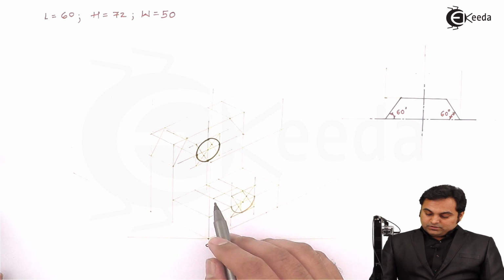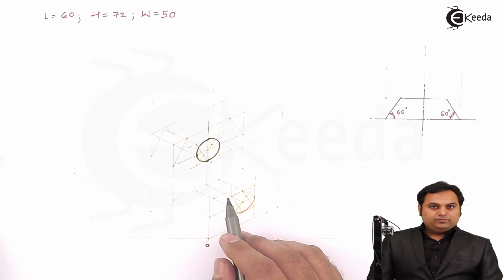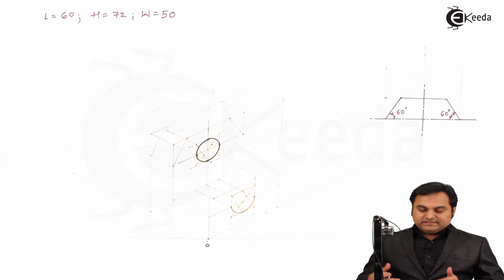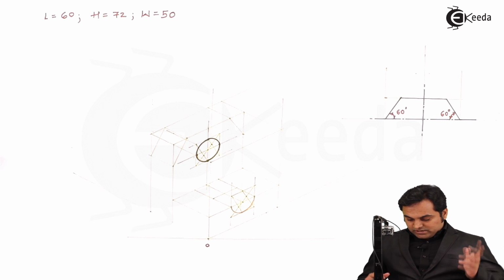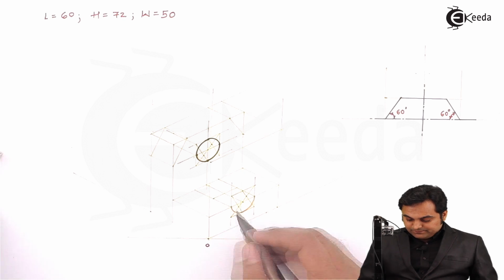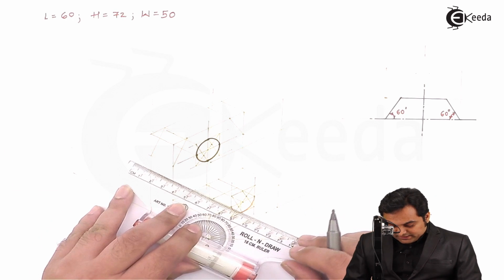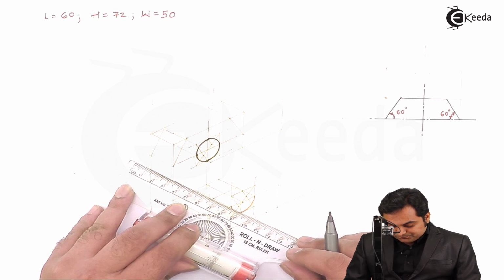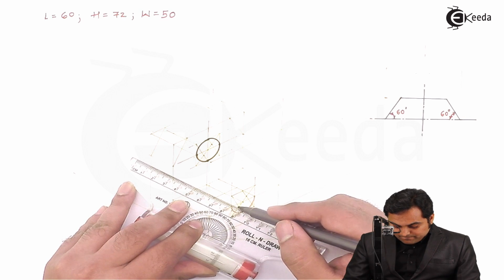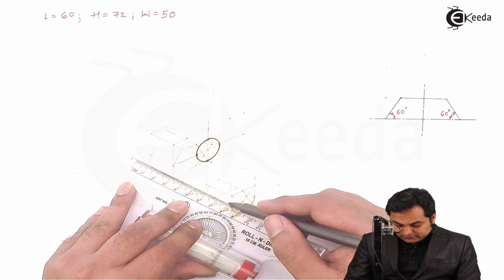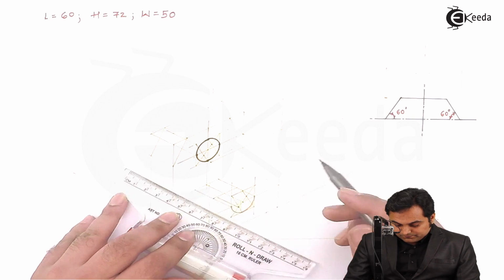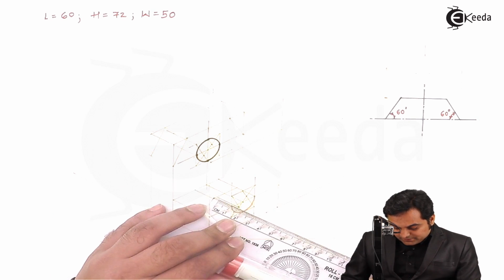Now here I would be drawing the semicircular part 15 mm behind, and for that I'll have to take the centers 15 mm behind. Like for example, first I had taken this center, so taking it behind by 15 mm, drawing a light horizontal line. Over that I am marking 15 mm.